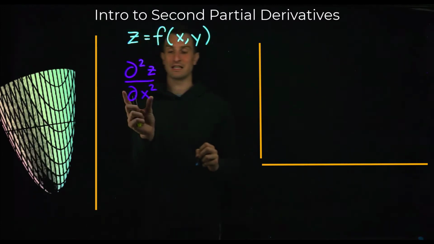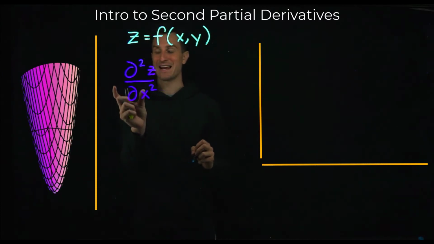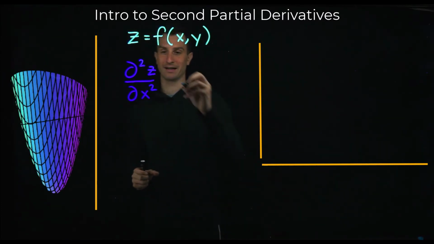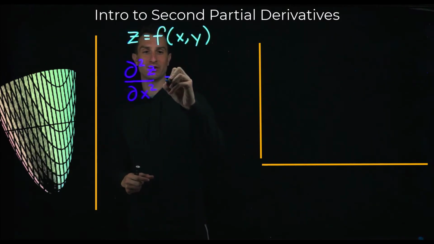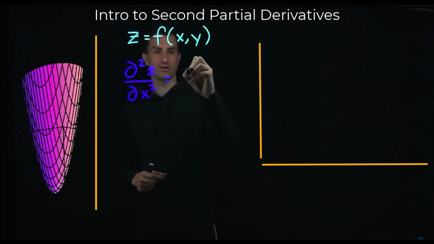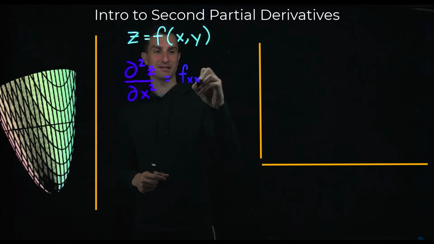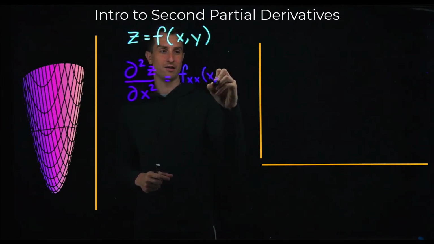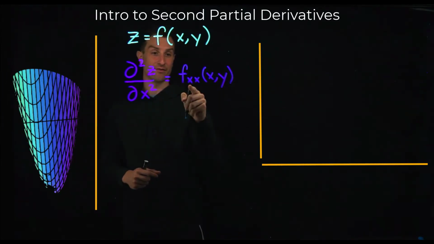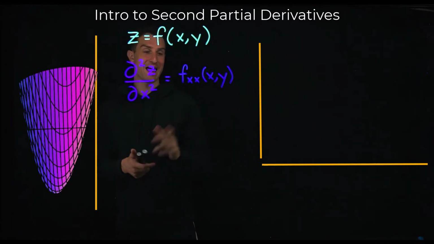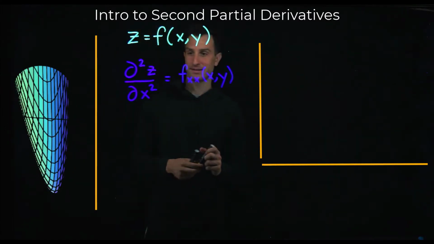So this means I take the first partial derivative with respect to x and the second partial derivative with respect to x. Another notation that you could see, just so we're not surprised, is f sub xx of x, y. Again, this is saying take the first partial with respect to x and the second partial with respect to x.